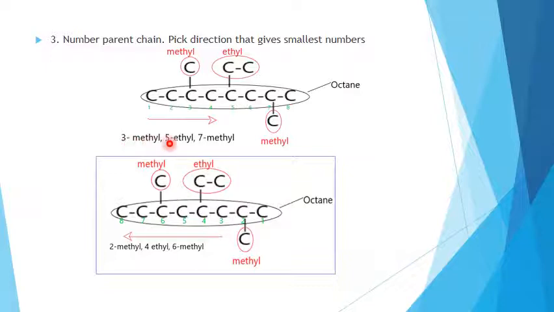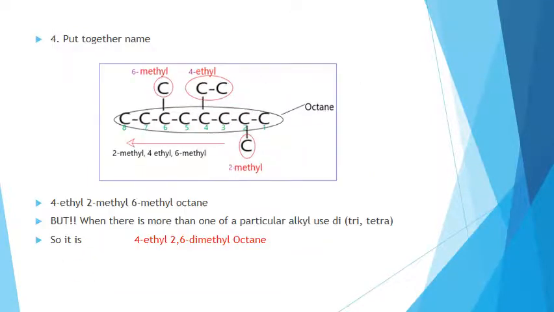So you have 3, 5, 7. Or if going from right to left, you would have methyl coming off 2, 4, and 6. And you can see that this numbering order is less than the other numbering order. So we're going to use this ordering here. So now we have to put all these guys together.